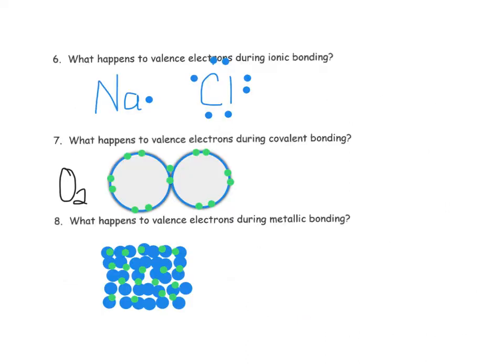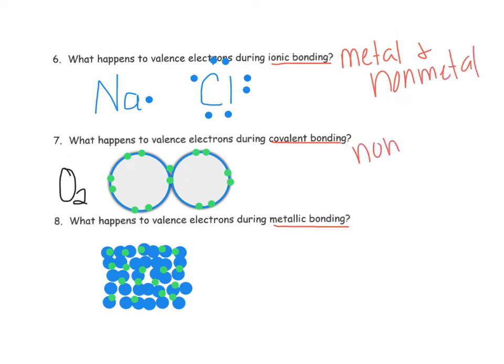So here we have the three different types of bonds: ionic bonding, covalent bonding, and metallic bonding. And your first job is to be able to tell what type of bond it is. Remember, ionic bonds are between a metal and a nonmetal, and covalent bonds are between nonmetals and nonmetals.